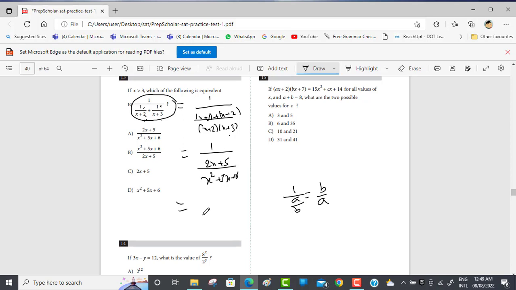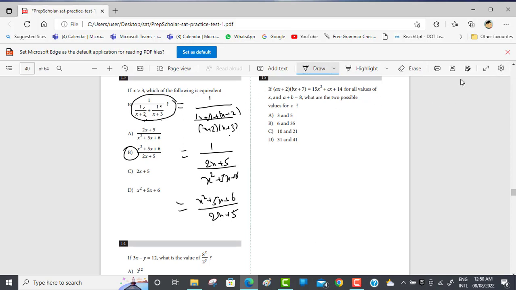So 1 over this fraction equals x squared plus 5x plus 6 over 2x plus 5, and the answer is B. You can also do it using the division operation between two fractions, and you will find the same answer after taking a common denominator and after reducing the numerator and the denominator.